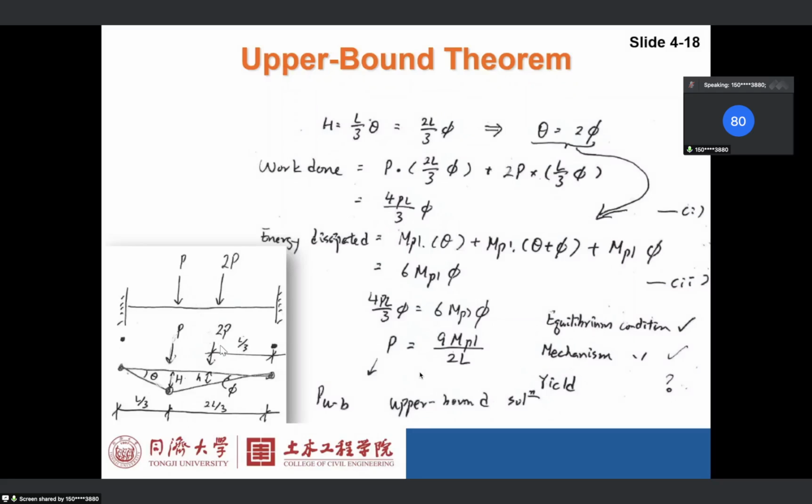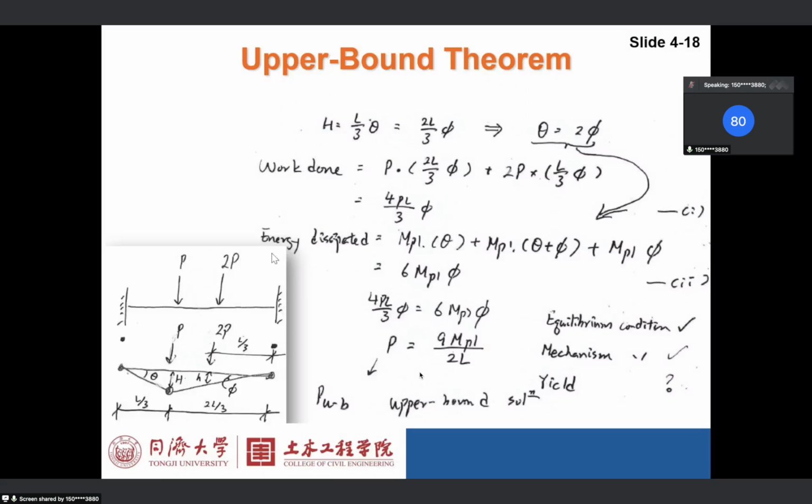Plus 2P times small h, L over 3 times phi. Right? This is the work done by the two point loads. The work done is 4PL over 3 phi. Okay, this is the work done.